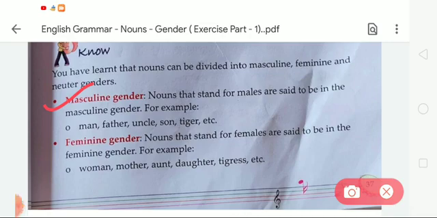For example, man, father, uncle, son, tiger, etc. In feminine gender, nouns that stand for females are said to be in the feminine gender. For example, woman, mother, aunt, daughter, tigress, etc.